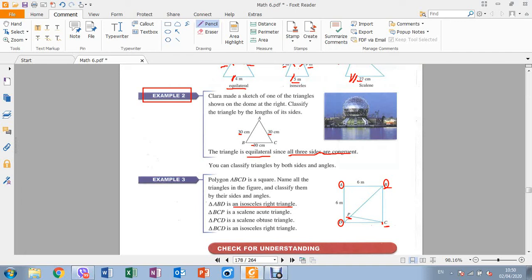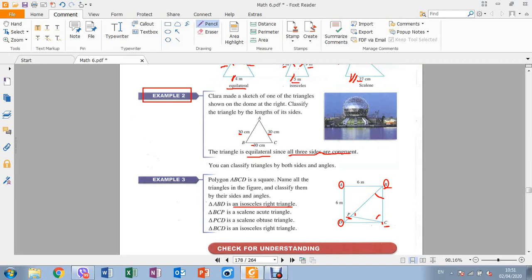If we measure the angles first, the measure of these angles, this angle or this one, all of them are smaller than 90 degrees. It means this is an acute triangle.